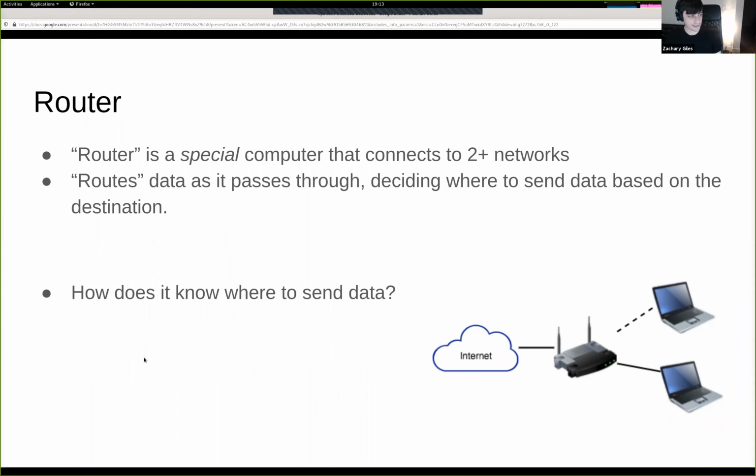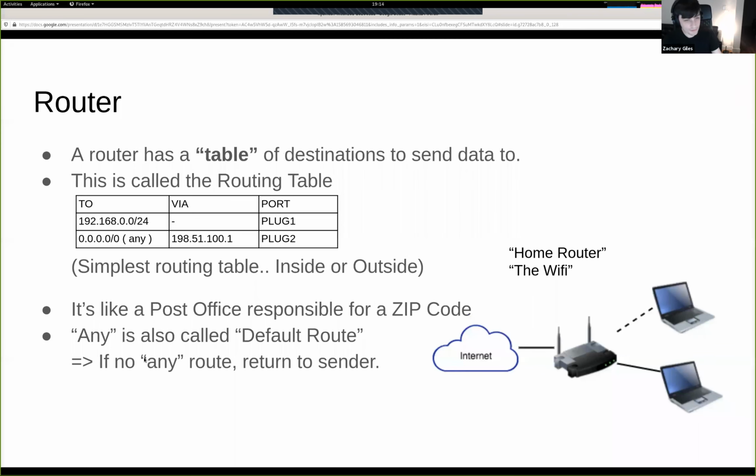Which direction do we send the data? And so, for example, in the picture on the right, we can see that we can connect, say, 2 laptops and the internet all together through this special router box. And so this is where the addresses come in. The router is kind of like a post office where it redirects your information from one area of the world or city to another part of the area. But how does a router know how to do it?